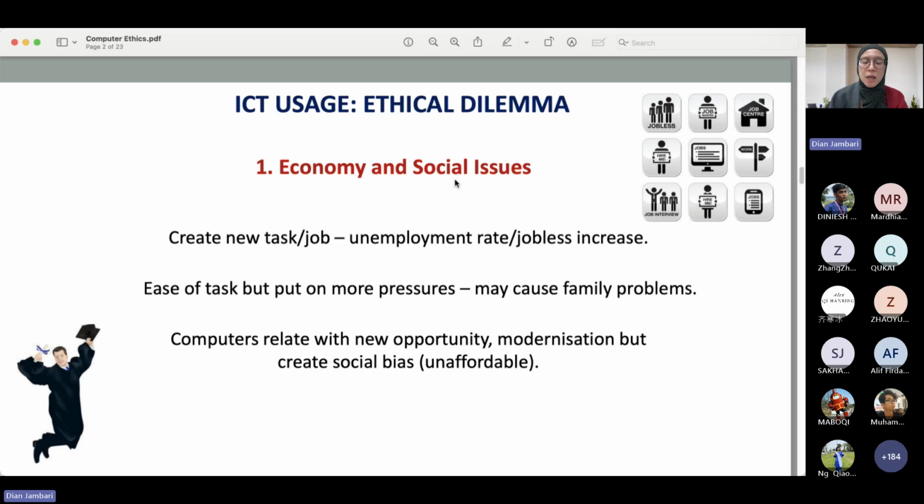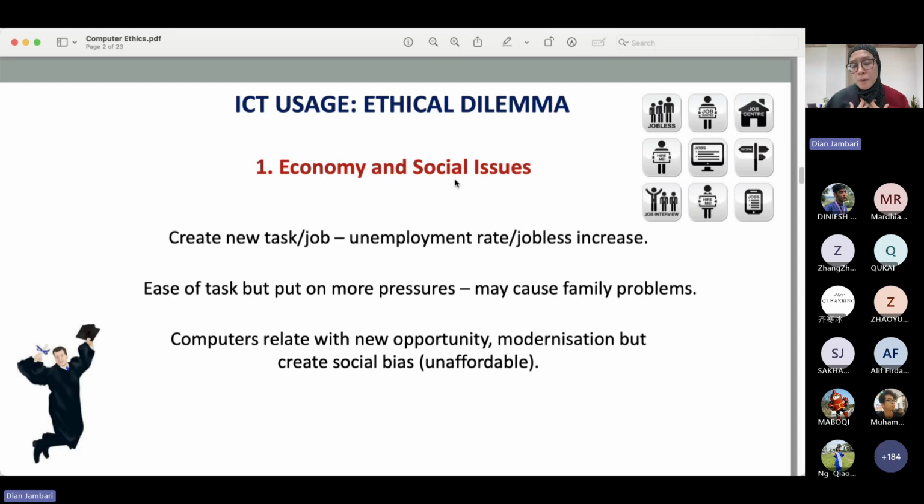And so when we have that pressure, it can impact us in our social setting because, for example, it may cause family problems. Let's say because of expected pressure, more tasks need to be done. You feel as an individual, as a human being, that pressure, and then that can cause problems when you go home.